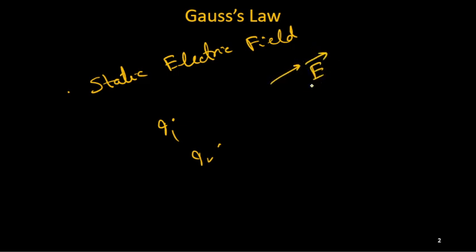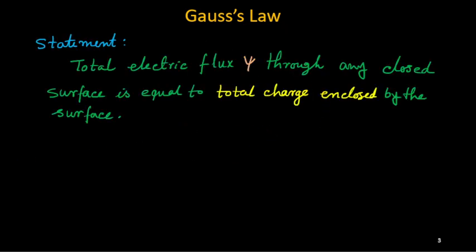So how is the electric field related to these charges? Here specifically we will define the flux of this electric field. Basically this is the statement of Gauss law: total electric flux, that is psi, through any closed surface is equal to the total charge enclosed, this is important, by that surface.